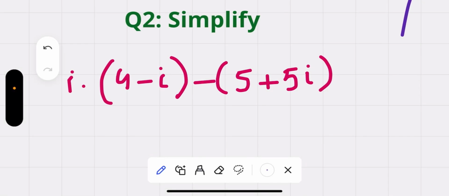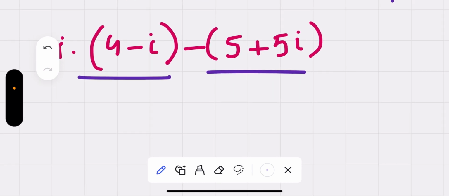Okay, all right. We have question number 2. Simplify. We have to simplify basic arithmetic operations. For example, in this first part, we have a complex number and another complex number being subtracted.